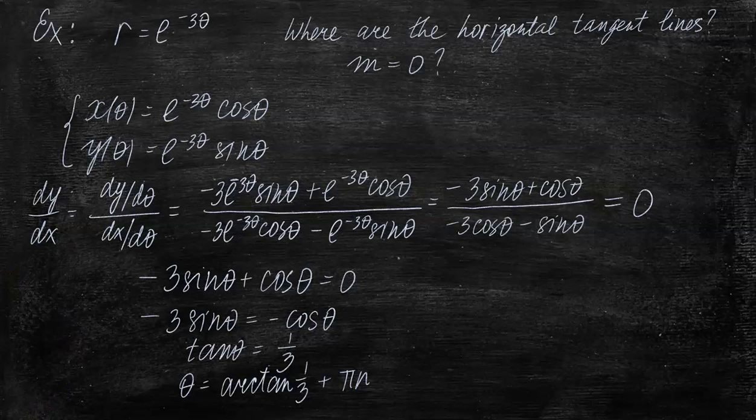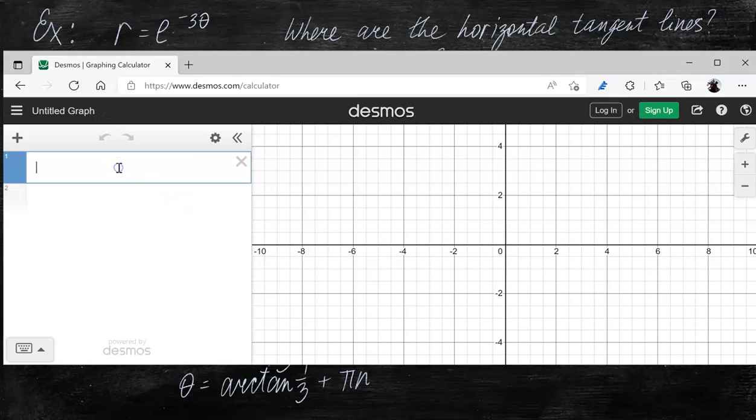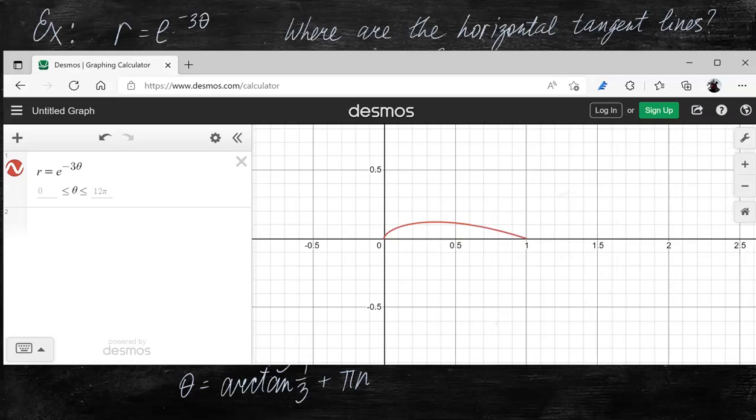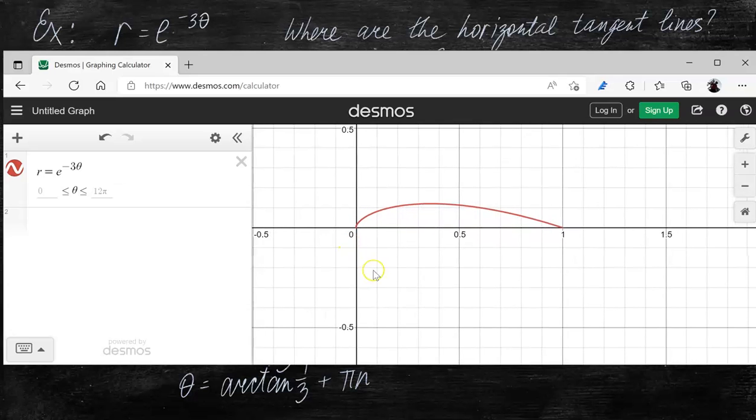So let's see what it looks like in Desmos. So here's the equation of this polar curve. Not impressed with this as theta. What's going on here?